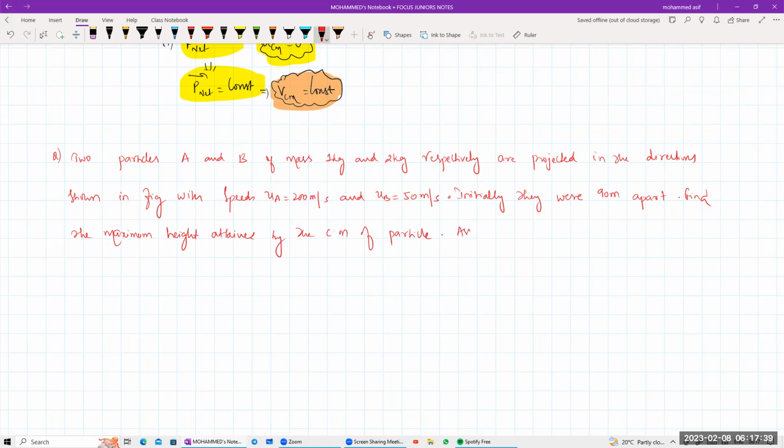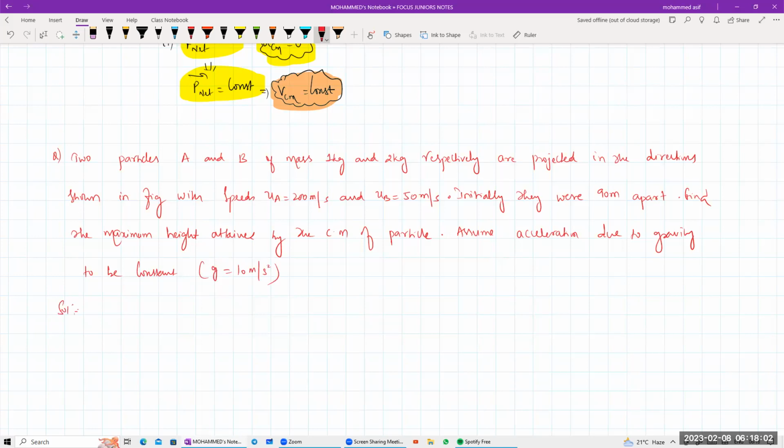Assume acceleration due to gravity to be constant. And for g value, we take this as 10 meter per second square.